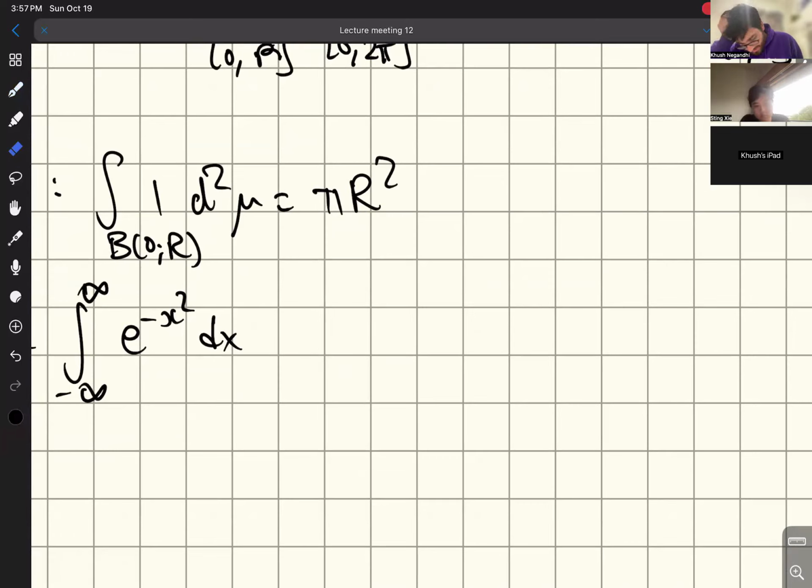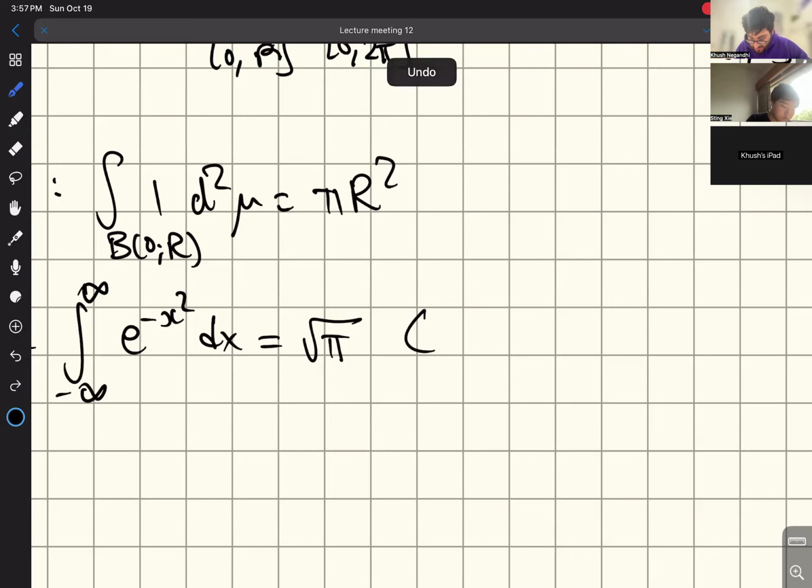Again, this is actually outlined in two places. If you look at problem sheet 3, I've outlined the proof that this integral is actually equal to the square root of pi, but it's also in the lecture notes. I will skip over it for now because again, I spent too much time on the introduction, but I've done a step by step derivation.